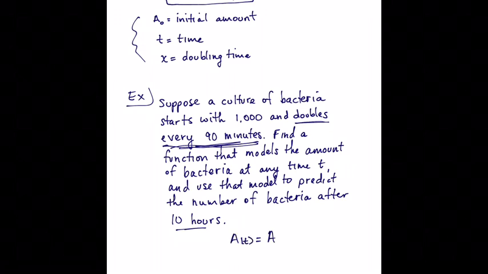So using this model, the initial amount is 1,000. And the doubling time, x, is 90 minutes. So this is our model, 1,000 times 2 to the t over 90.